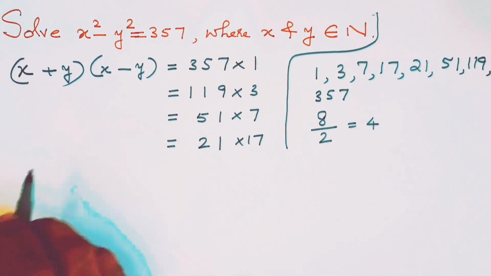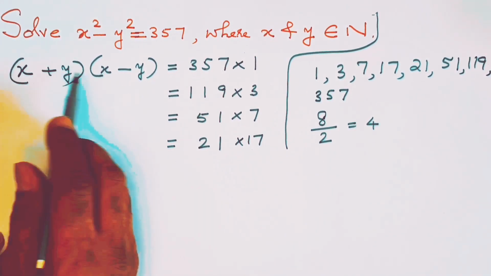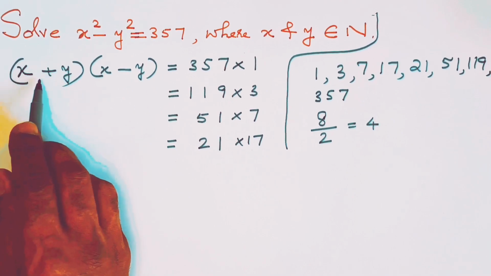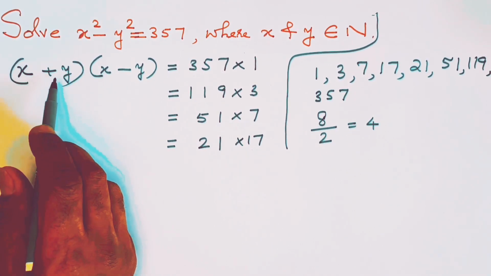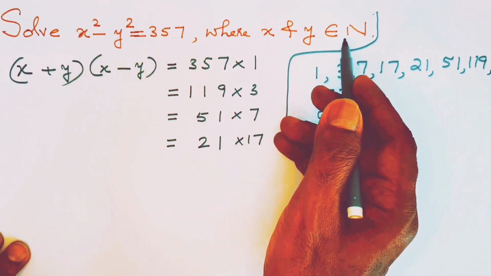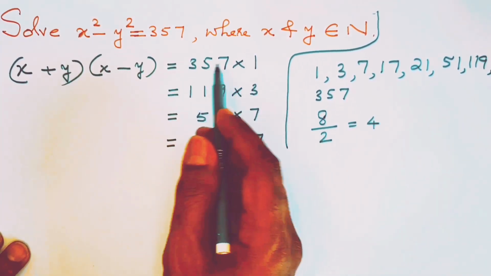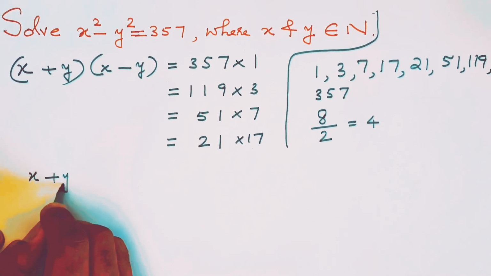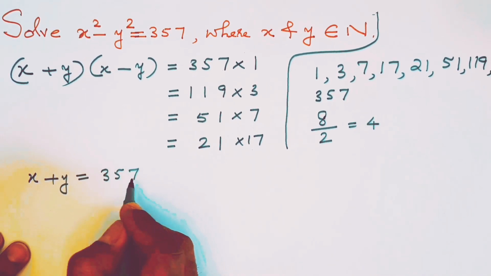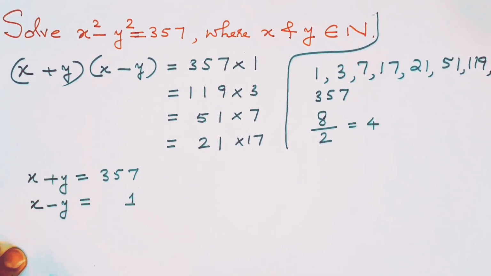Anyway, let's come back to the problem. We will equate. See, the left side is a product of two numbers and these two numbers are obviously integers. In fact, positive integers. That's what the restriction given in the problem says. And the right side also we have split up into two positive integers. So you can equate x plus y to 357 and x minus y equal to 1.